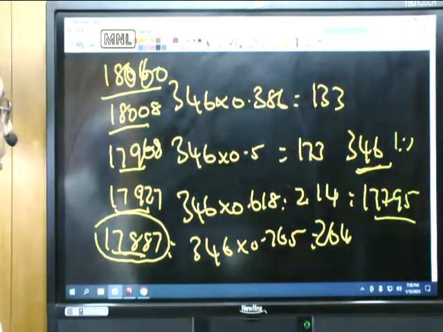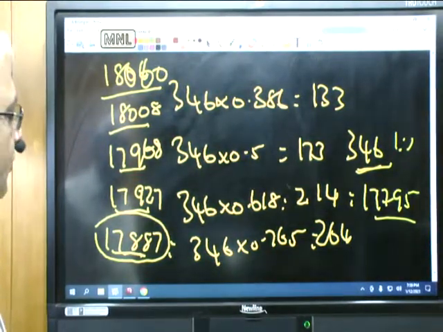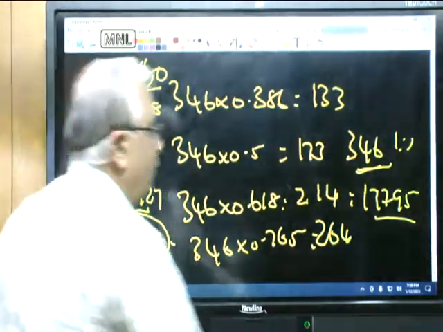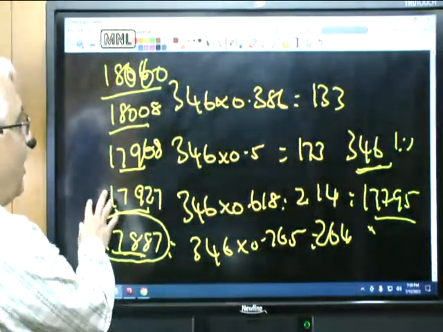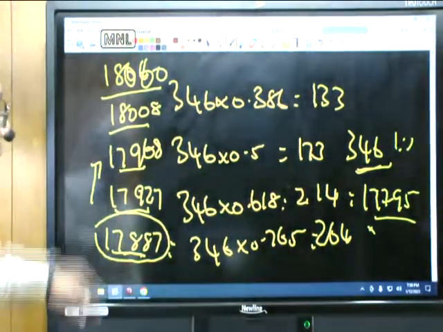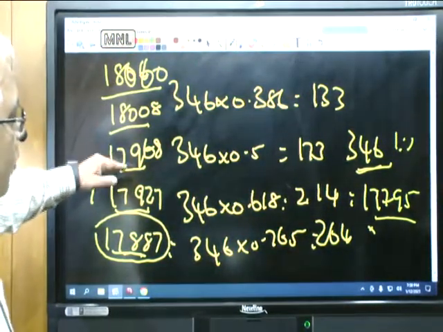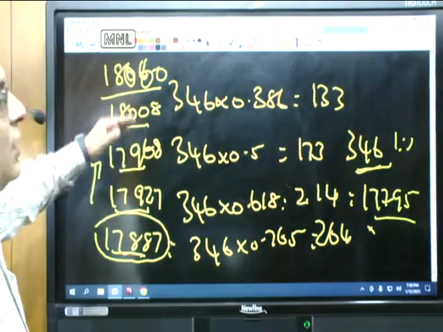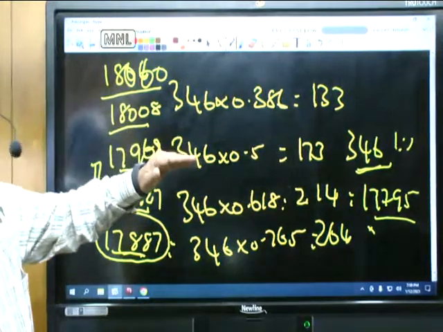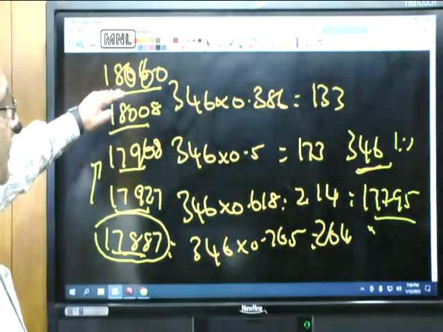You can position yourself above 17,887, keeping this as a stop loss, and move yourself to higher levels. Either you can keep one level at this, because it's around 40-41 basis points, or you can keep something like 52 basis points, or you can keep the first level.